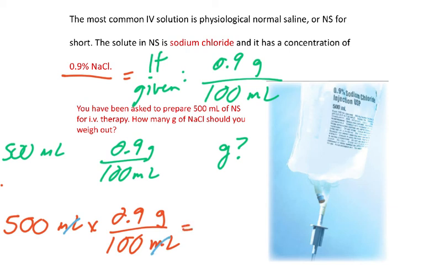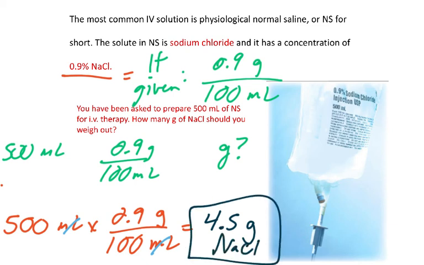And so if we take 500 times 0.9 divided by 100 is 4.5 grams sodium chloride. So if you wanted to make a half liter, a 500 milliliter solution, of normal saline, you would need 4.5 grams of sodium chloride.